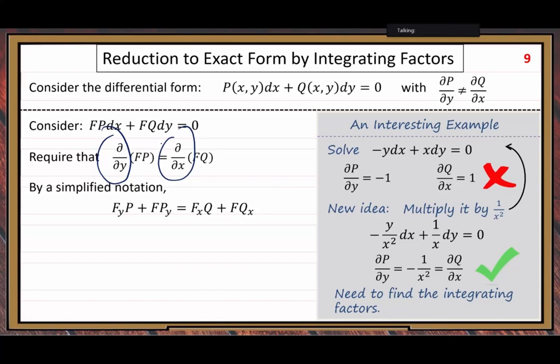Based on this understanding, you can imagine we only need to target the special cases, not the general cases. General cases are too hard. But think about special cases: under certain special conditions, you'll make it work.